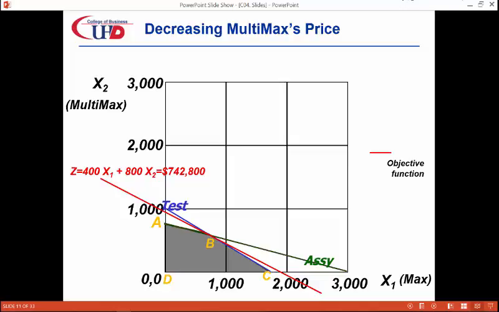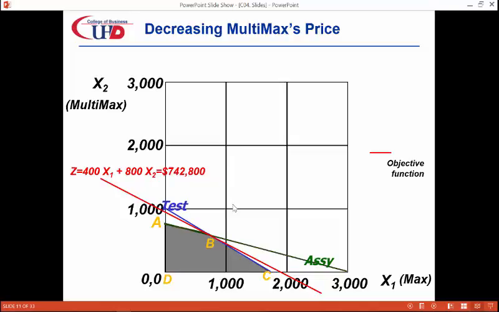This is the graph showing how the ISO profit line at the optimal solution looks when the profit margin for Multimax is $800. All the points on this red line will generate the profit of $742,800.